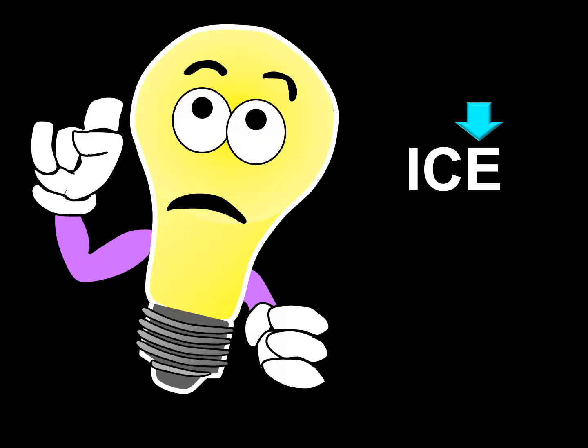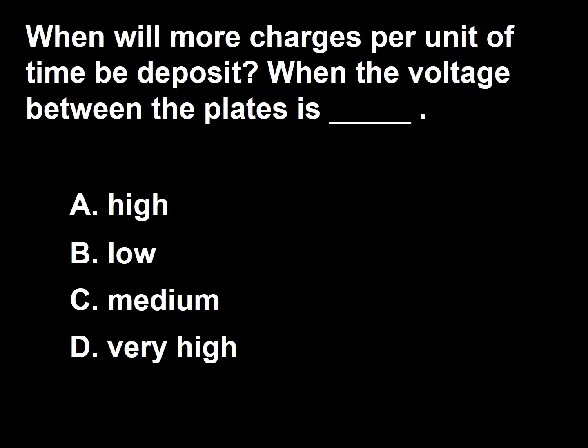The order of the letters dictates what occurs first. So we can say that current in a capacitor increases before electromotive force. So the answer to this question is B.